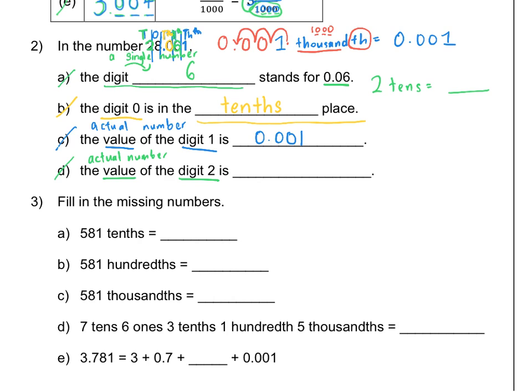How about 2 tenths? Tenths means it's this way, right? 10. How many zeros are there in 10? 1 zero. So your answer should be 2 tenths with 1 zero, and therefore the answer for part D has to be 20. The value of the digit 2 is 20.